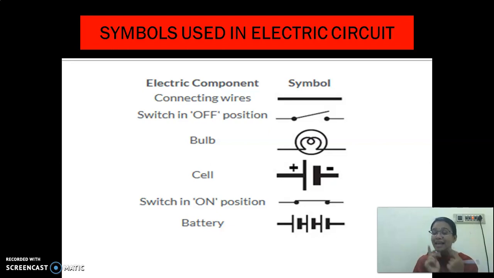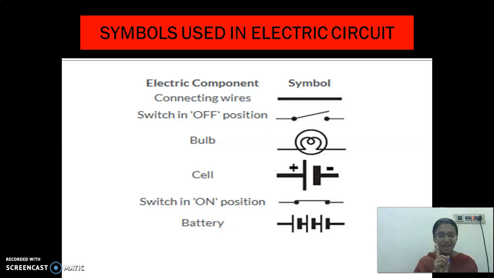These are all there in the circuit diagram. In each and every case, it is not possible for us to draw a cell or a battery. So there are symbols. I showed you the danger symbol, right? Likewise there are symbols for these electric components.